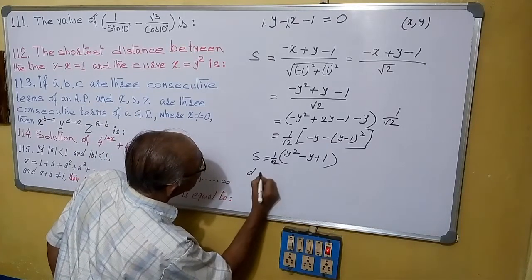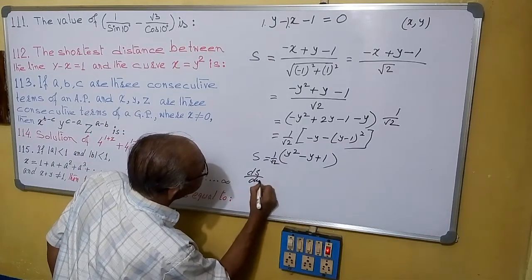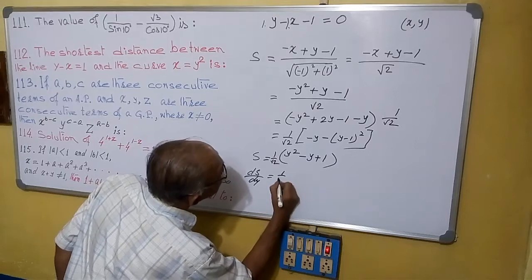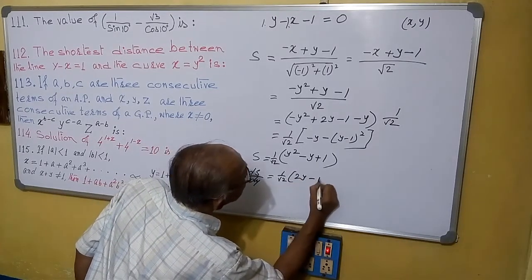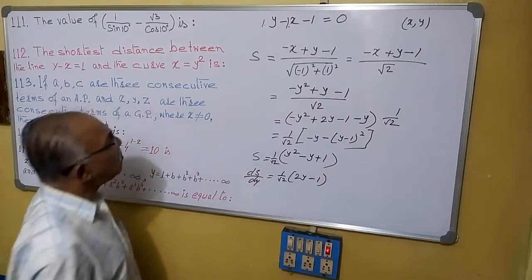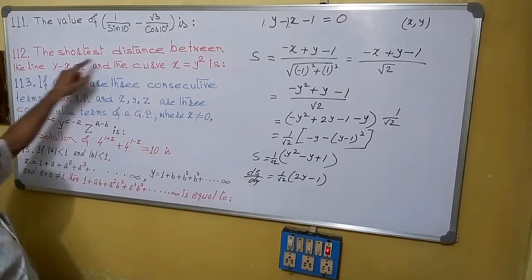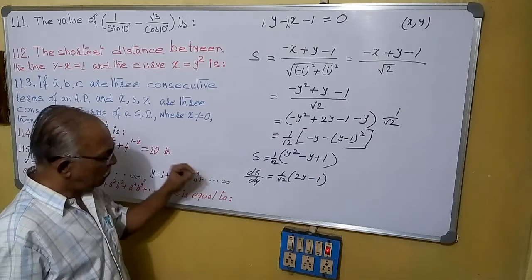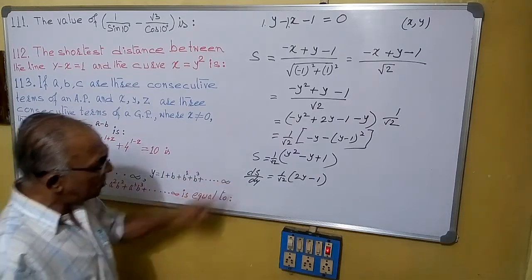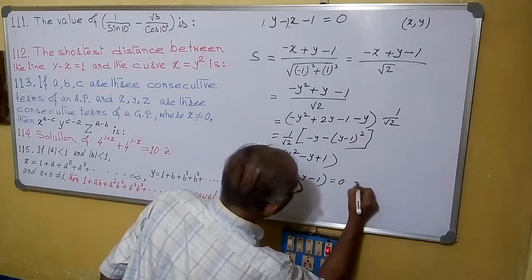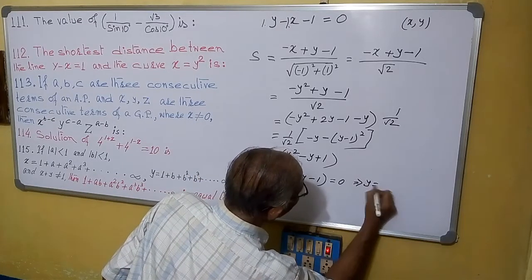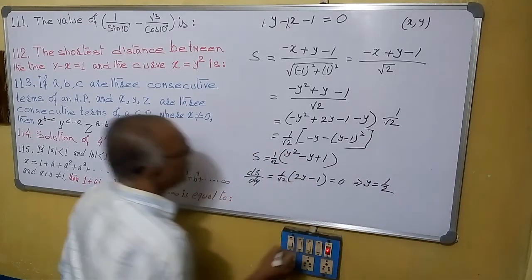Now we can say ds by dy equals to 1 by root 2 into 2y minus 1. Now we know the shortest distance is where S is minimum, ds by dy equals to 0. So from here we are getting y equals to half. Okay.